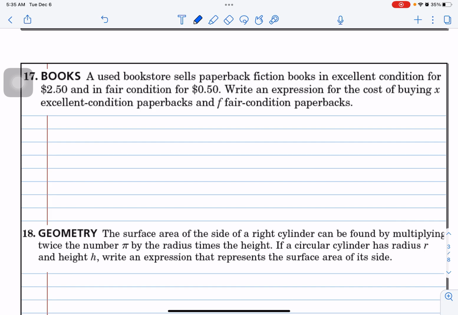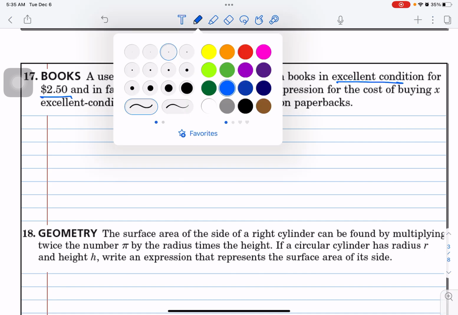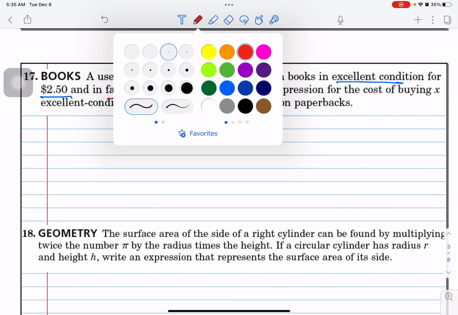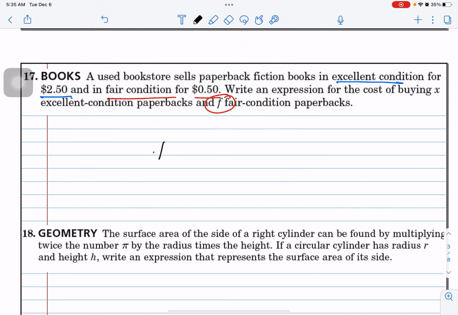So the first one says, a used bookstore sells paperback fictions in excellent condition for $2.50. And then it sells in fair condition for 50 cents. Write an expression for the cost of buying X excellent books and F fair condition books. So I want to find the cost. So that means I'm going to be adding together the two costs.